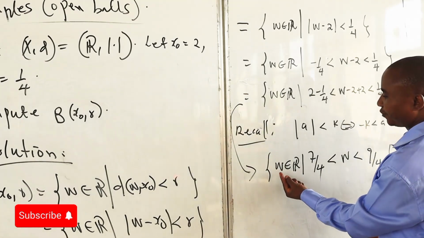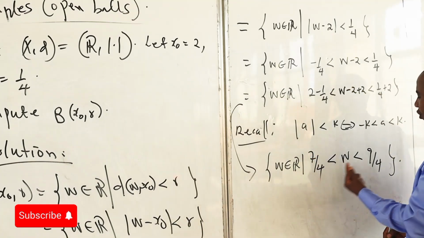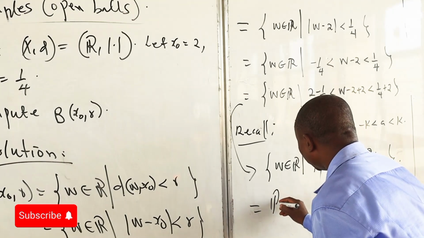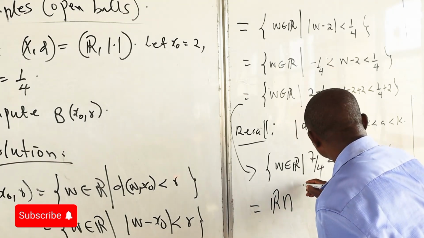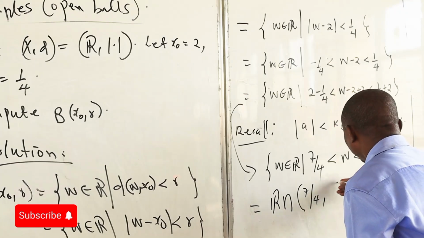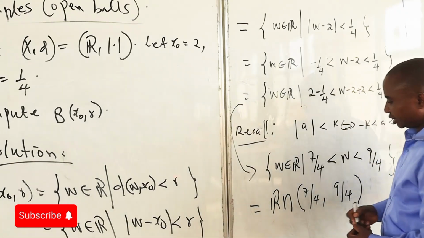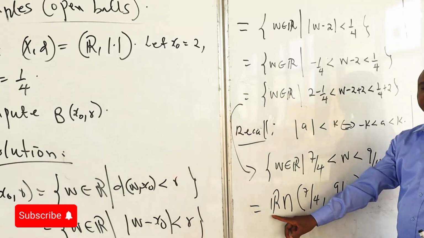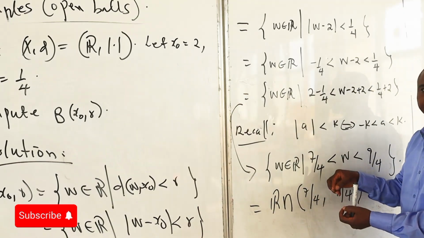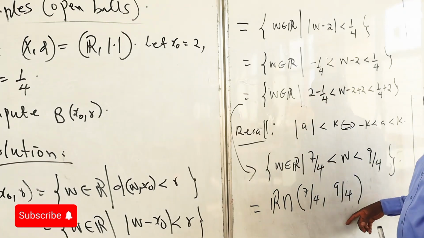So we have all real numbers that lie between 7/4 and 9/4. So we can write this precisely as the set of real numbers intersection the open and bounded interval (7/4, 9/4). Look, this interval is a subset of the set of real numbers. So from set theory, when you intersect two sets, such that one of the sets is a subset of the other one, you get the smaller set.